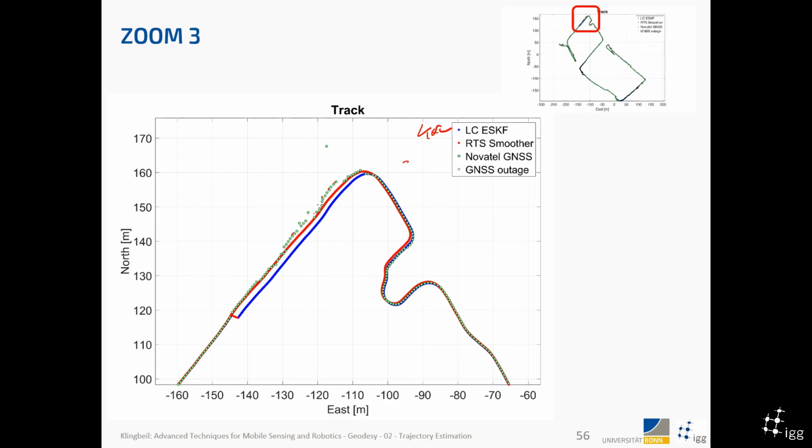So I would consider the smoothed version as the most accurate version here. And it can be used very nicely to see what systematic deviations you get in GNSS measurements. You can see that all the GPS measurements here are systematically shifted by a few meters to one direction. And this is a very critical problem in Kalman filtering if you have systematic errors in the absolute measurement system.